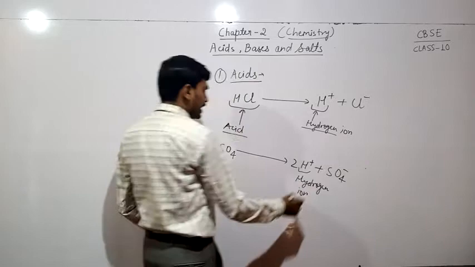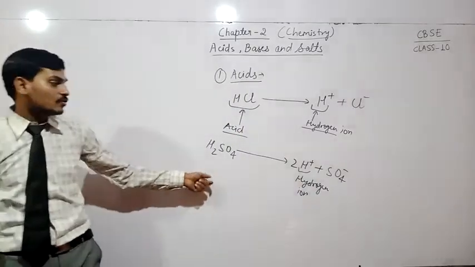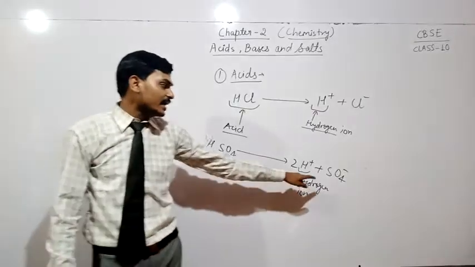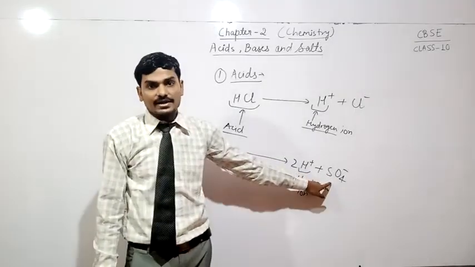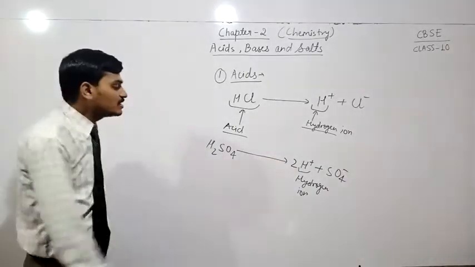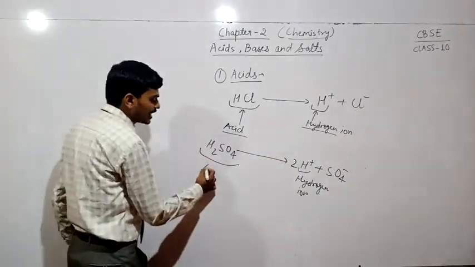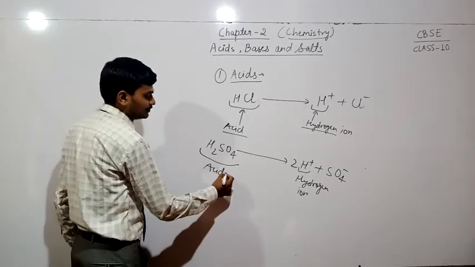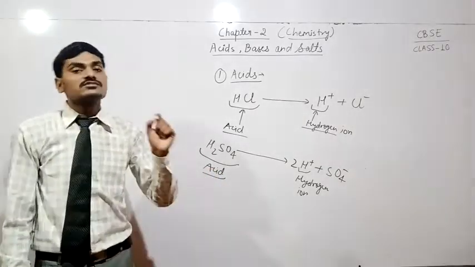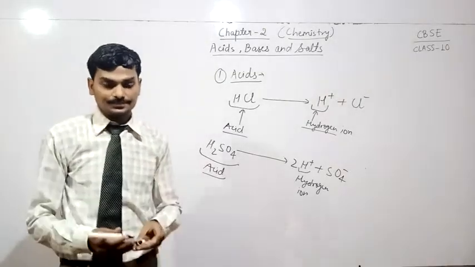That is, the aqueous solution of H2SO4 gives us H plus ions, that is hydrogen ions, and this is the sulfate ion. So we say this is a type of acid, and H2SO4 is known as sulfuric acid.